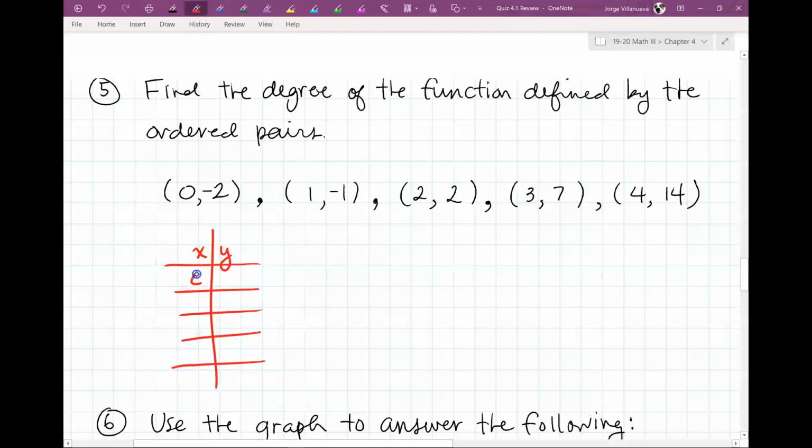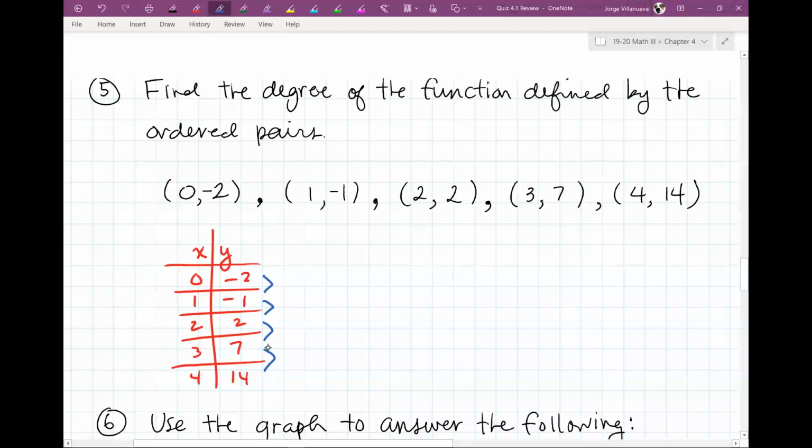0, -2, 1, -1, 2, 2, 3, 7, and 4, 14. So you're going to create a chart first. Once you create that chart, you start taking your differences. So we get these two numbers, these two numbers, and those two numbers, the y values, and we take our differences.